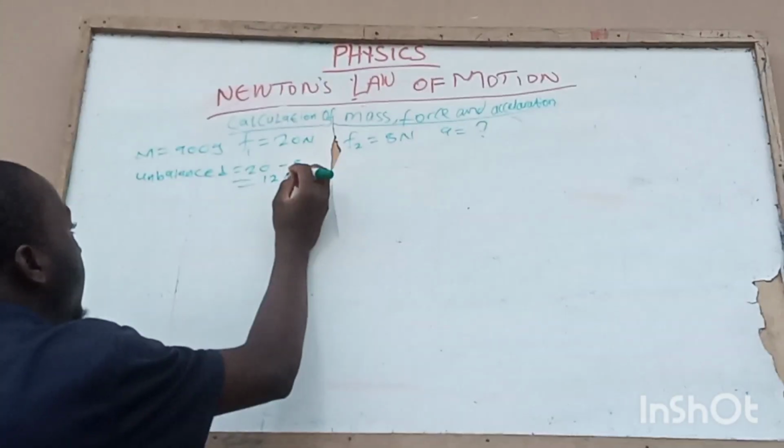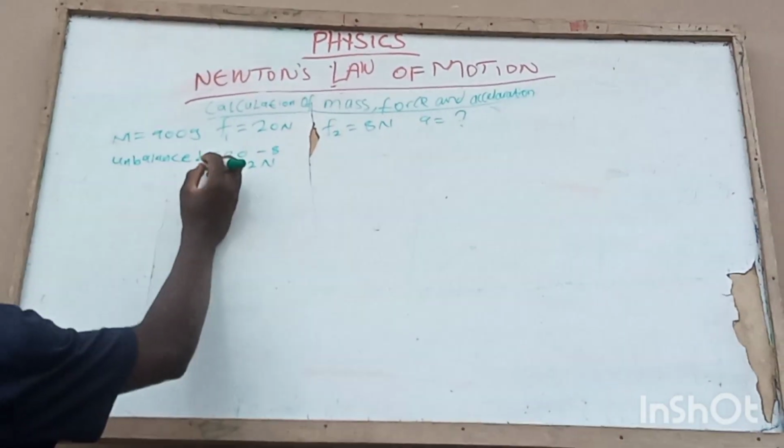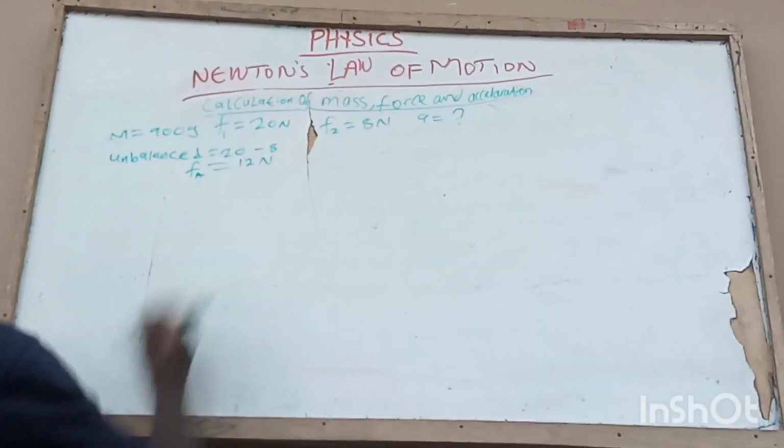So to do this, let's first check our unbalanced force. We have force 1, which is 20, minus force 2, which is our friction, which is 8. This will give us 12 Newton. These are new force, our real force.